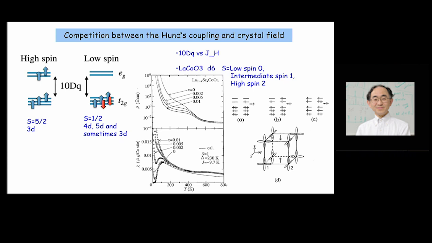And x is the doping concentration, so we are interested in this x equals 0 curve. It shows typical insulating behavior, towards very high resistive states at lower temperature. Magnetically, this is the magnetic susceptibility, and this is an impurity contribution, I believe. And then you have a magnetic gap, which is typically 230 Kelvin. So this is a calculation and the experimental result for the intermediate spin state realized in these lanthanum cobalt oxides.